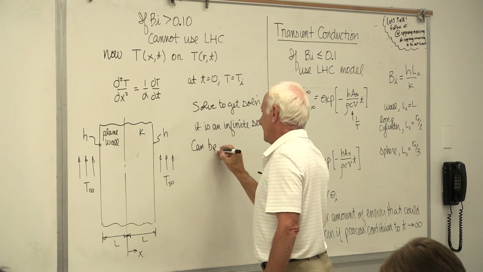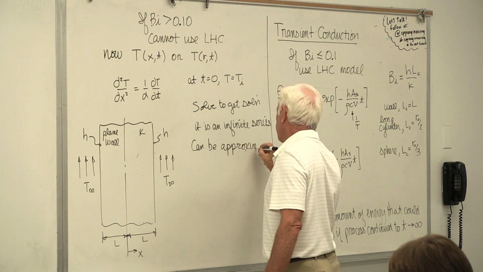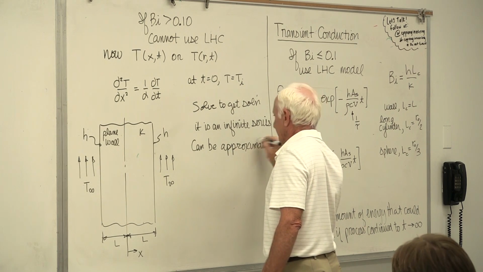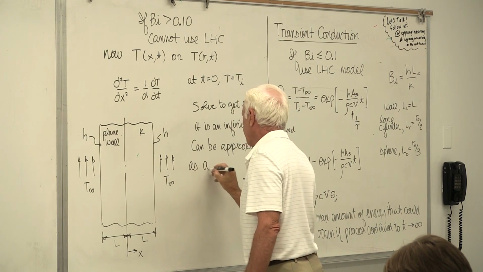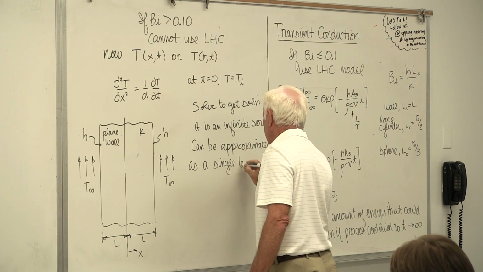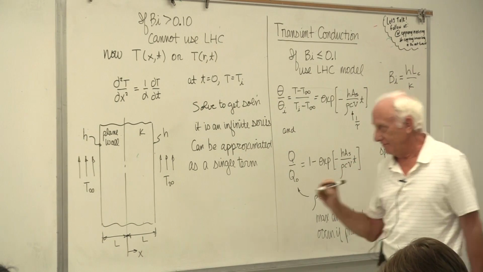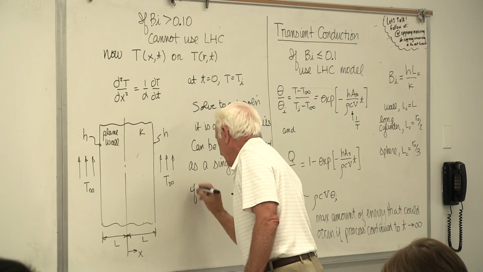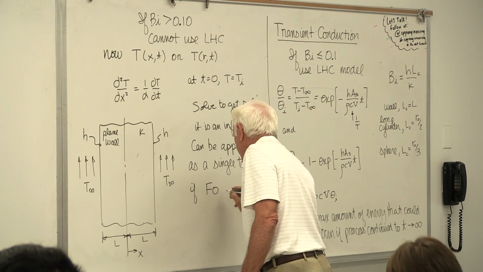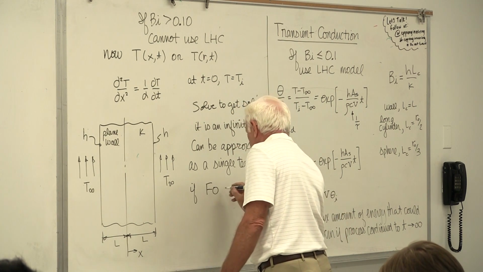We can approximate that by the first term if something called the Fourier number is greater than 0.2.